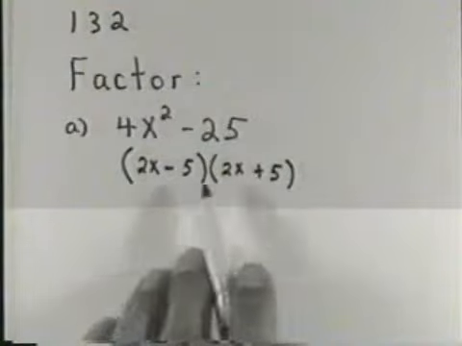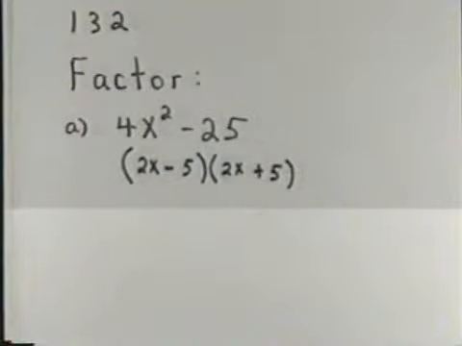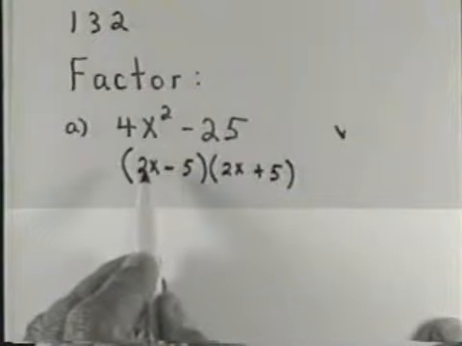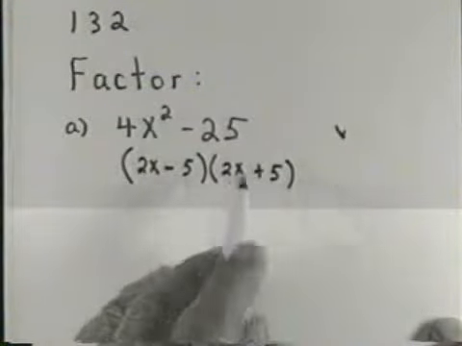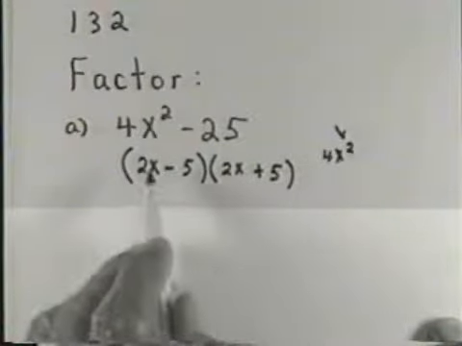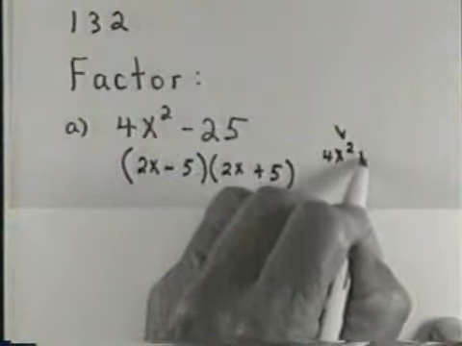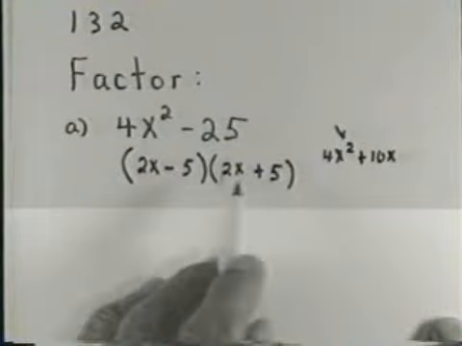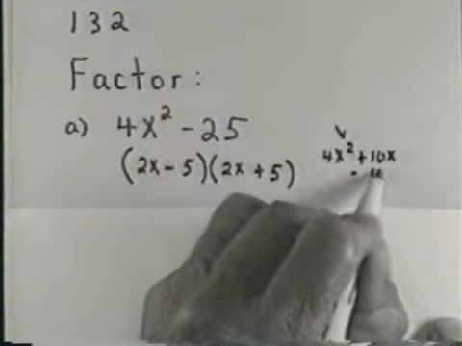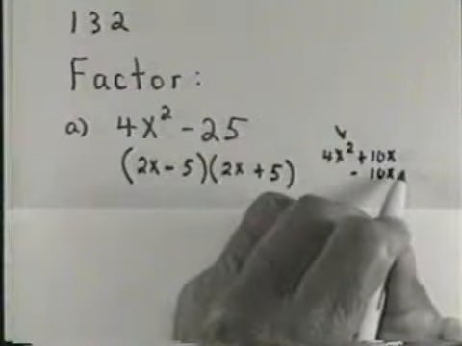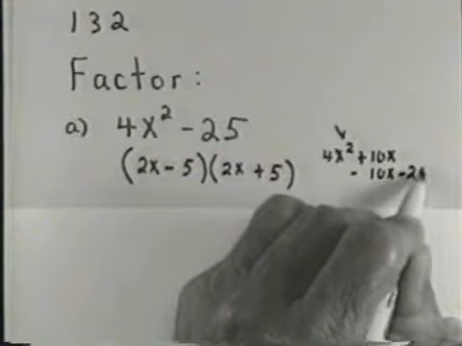Now, of course, we can check this if we want to make sure that we multiplied it correctly. So we can check it by using the FOIL method. If I multiply the first times the first, 2x times 2x is 4x squared. 2x times 5 would be a positive 10x. A negative 5 times 2x is a negative 10x. A negative 5 times a positive 5 is a negative 25.